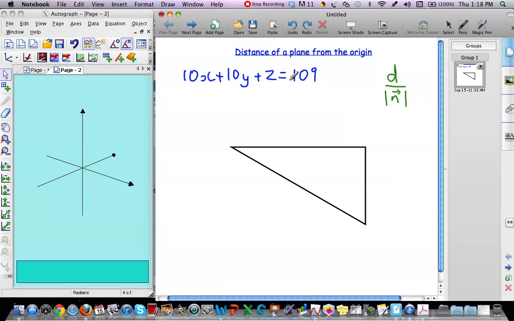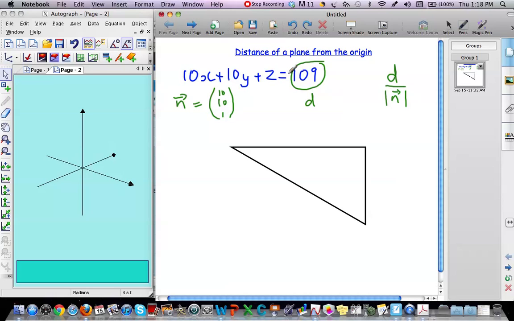In this particular case, the d value is the value on the right hand side, 109, and our normal in this case is 10, 10, 1, the coefficients of the x, y, and z variables.